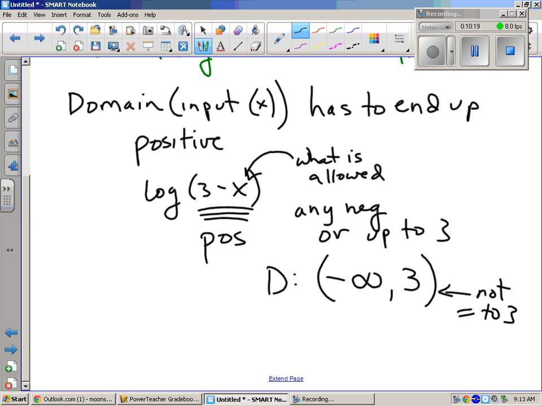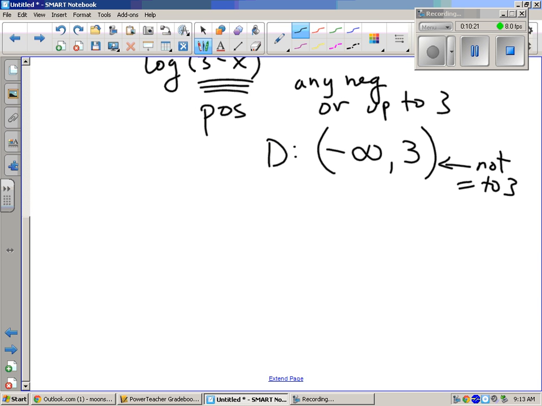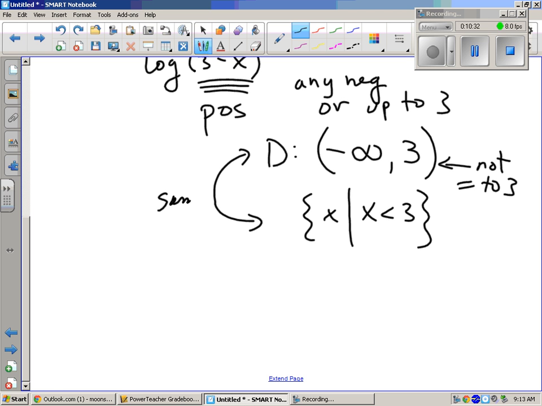Okay, another way to write it is something like x such that x has to be less than 3. So that these two things mean the same. Okay, whichever way you want to do it is okay with me. There's interval notation, which is the top one, and set notation, which is the bottom one.